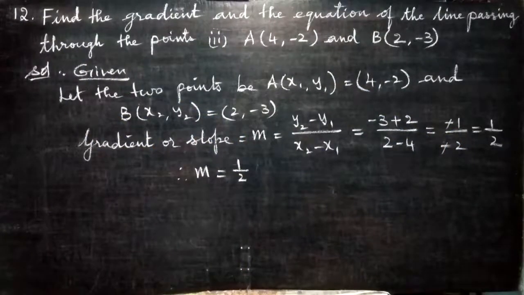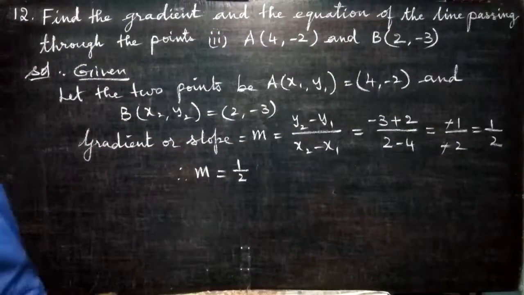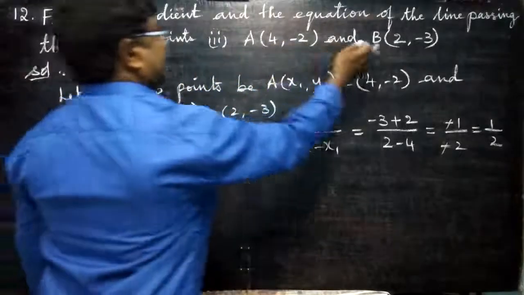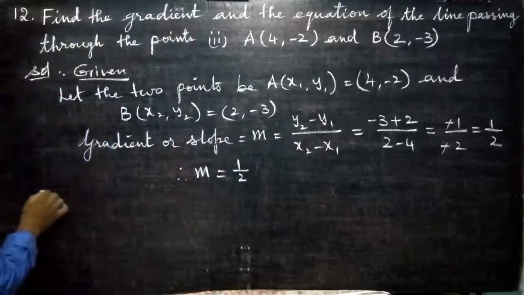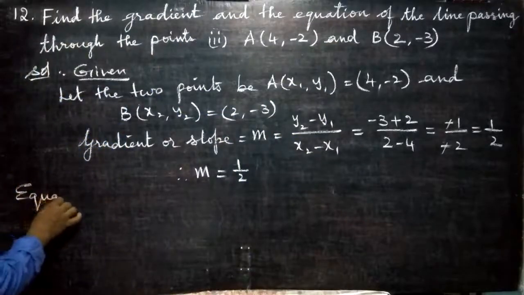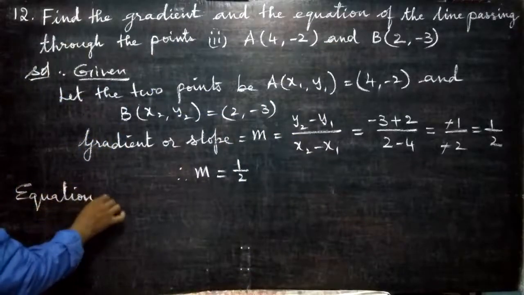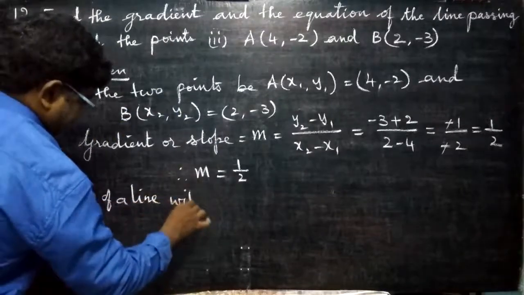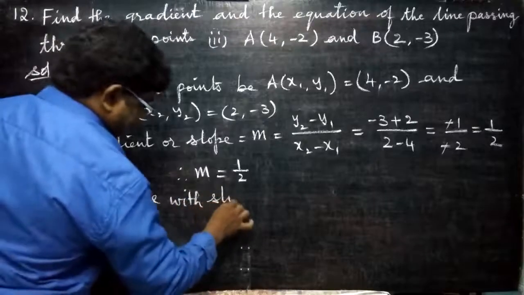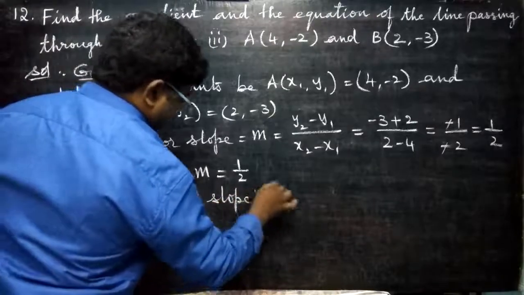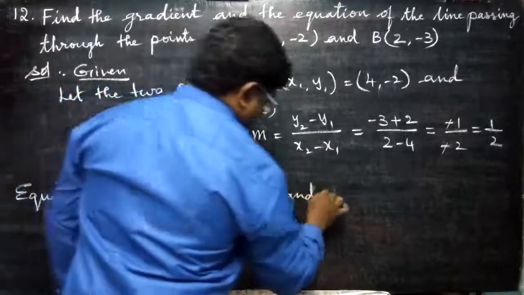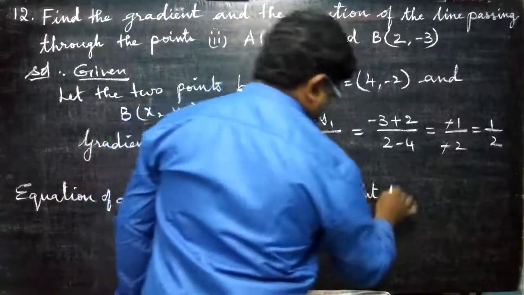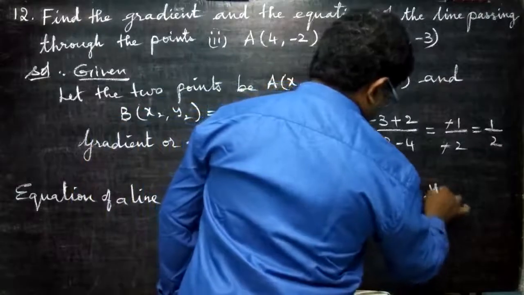Next, what they are asking to find? Equation of a line passing through the point. Any point you can take, either A or B. Now, you are going to find equation of a line with slope m and a point A x1 y1.